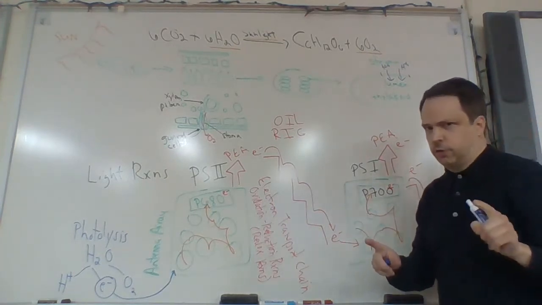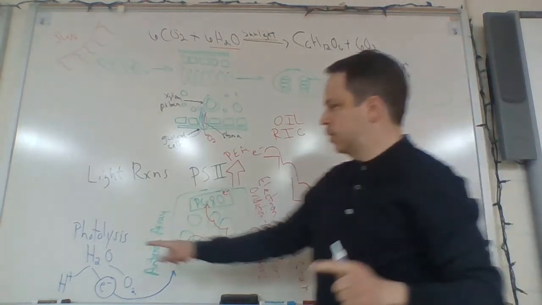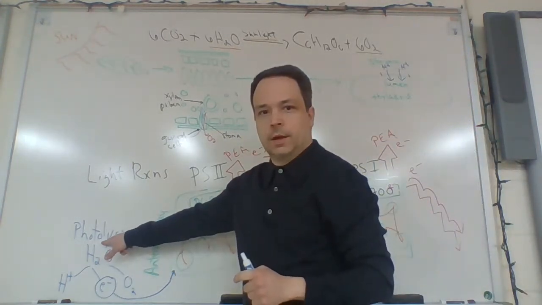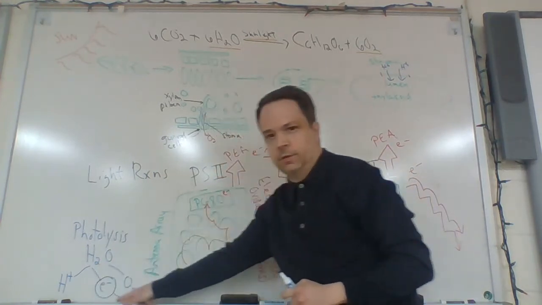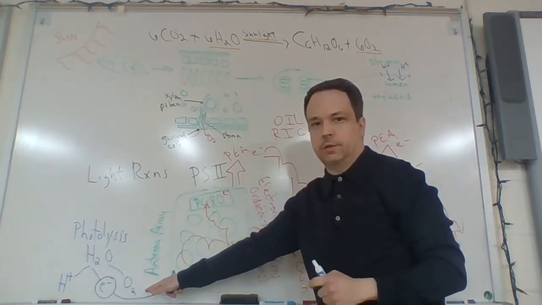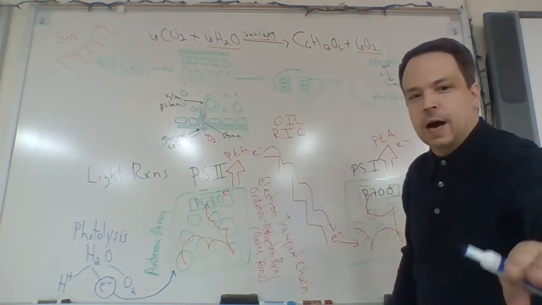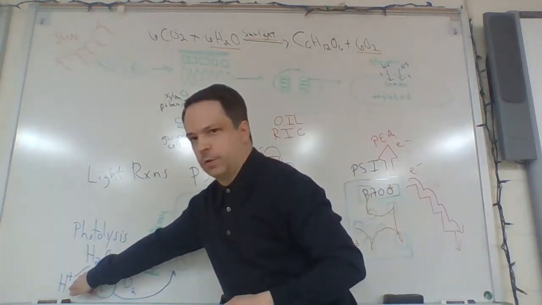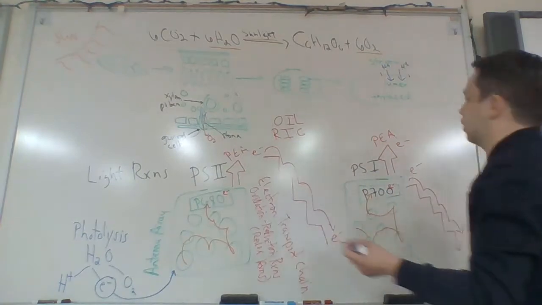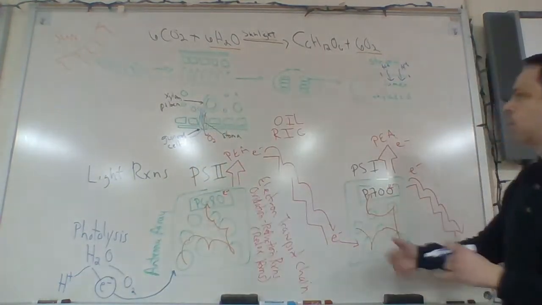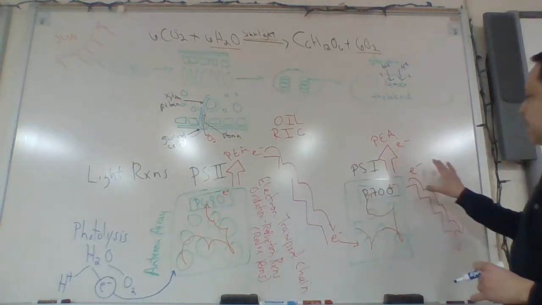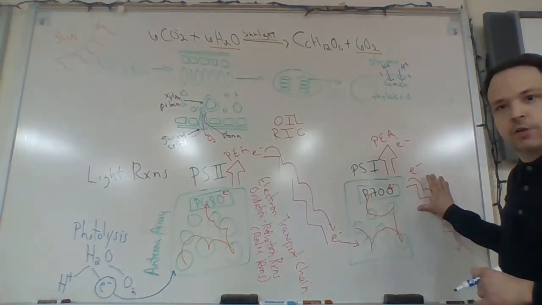Now, let's pause for just a second here, because when we said with photolysis, we were actually taking a water molecule and breaking it down into hydrogen ions, electrons, and oxygen. So we're getting hydrogen ions from photolysis, and we're getting more hydrogen ions from the energy being passed by the electron transport chain.